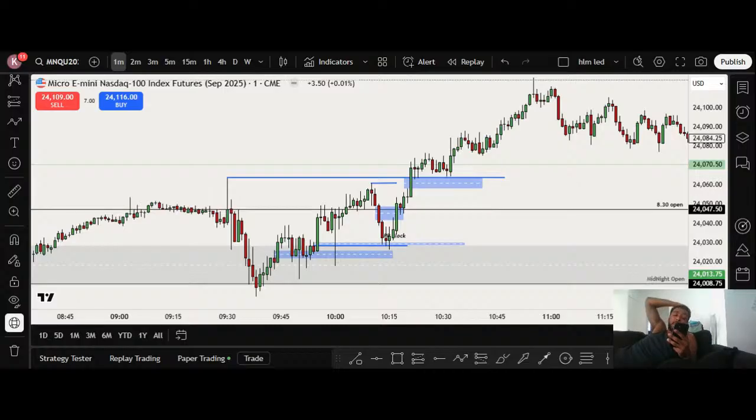What is consequent encroachment? Okay. Get your notes down for this one, because this is it. It's a little confusing at first, but if you just stay in it, you'll get it. So consequent encroachment is the middle of any gap, the middle of any inefficiency that you have on your chart.